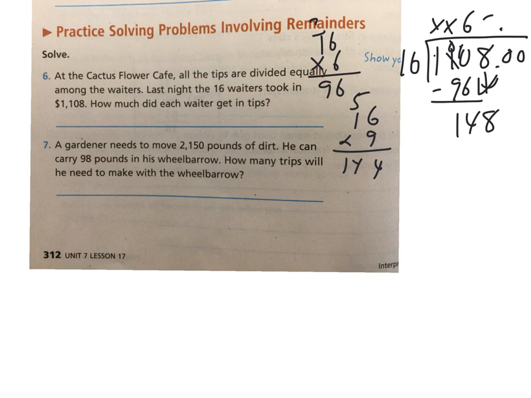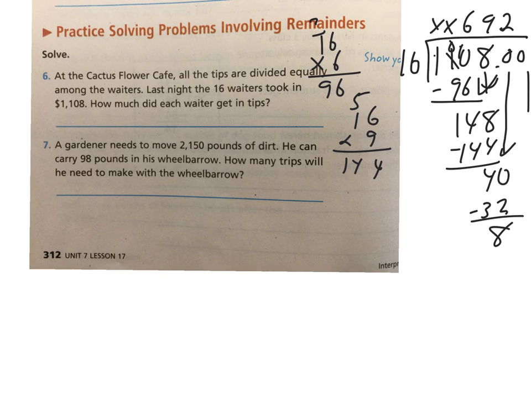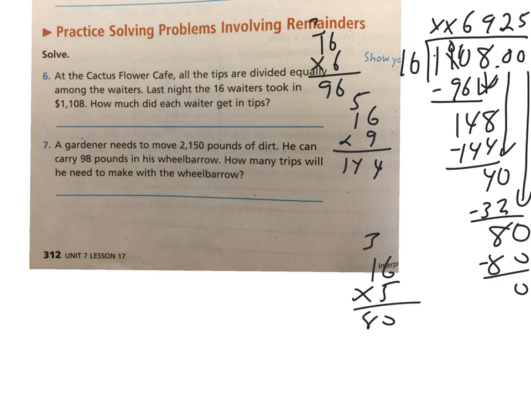Yep, so that's 9, 144, subtract, I get 4, bring down the first 0. 16 goes into 40, well, 16 times 2 is 32, 16 times 3 would be too much, so that'd be 32, subtract, I get 8, bring down the 0. 16 into 80, well, 32, 64, 16 times 5, I believe, will get you 80, so we put a 5 there, 80.